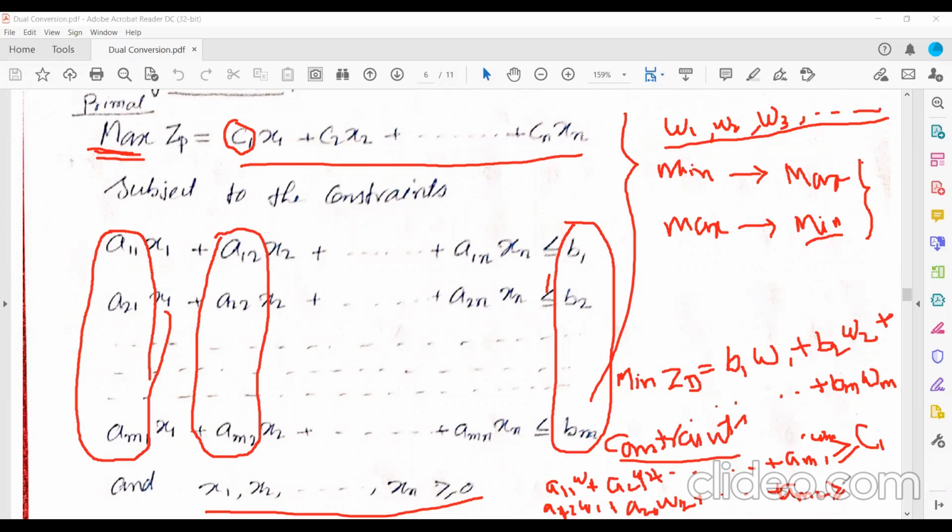Because it was less than, it becomes greater than or equal to the next coefficient of the primal objective function, that is C2. Like this, you go on for as many columns as there are. The number of columns is equal to the number of rows you will get.